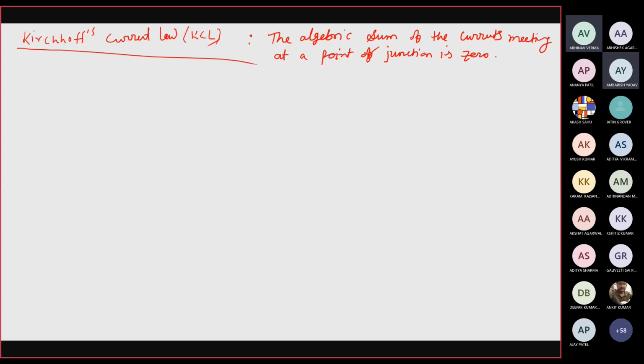Or in an alternate way, you can say that the total current leaving a junction or a node is equal to the total current entering that junction.